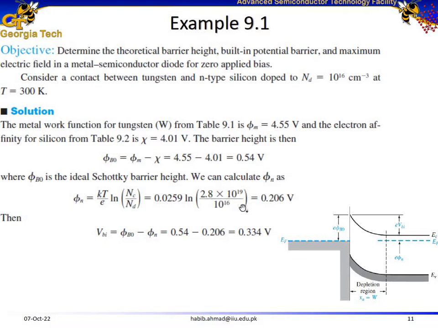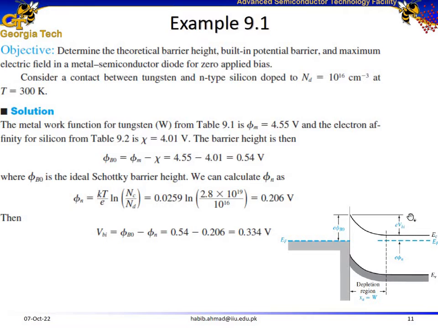It is 2.8 times 10 to the power of 19 per centimeter cube for silicon. And our doping concentration is 10 to the power of 16 per centimeter cube. So phi n, this difference between EC minus EF, comes out to be 0.206 volts.